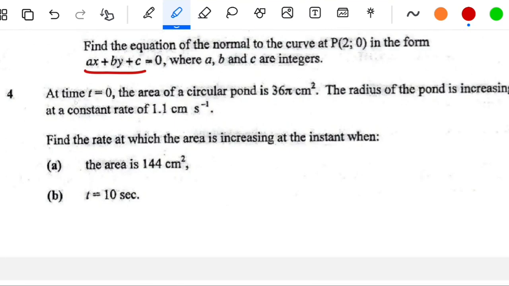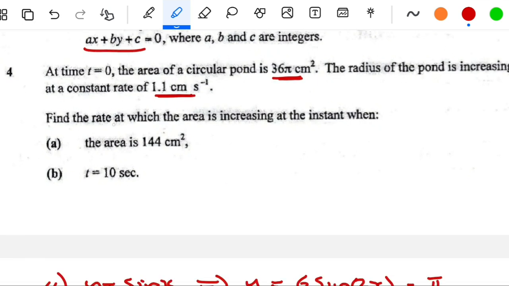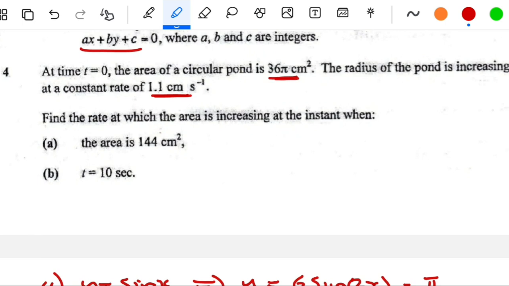Number 4 says, at time t equals 0, the area of a circular pond is 36 pi square centimeters. The radius of the pond is increasing at a constant rate of 1.1. Find the rate at which the area is increasing at the instant when the area is 144 pi.